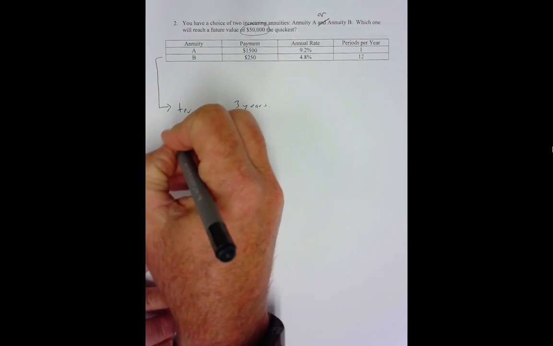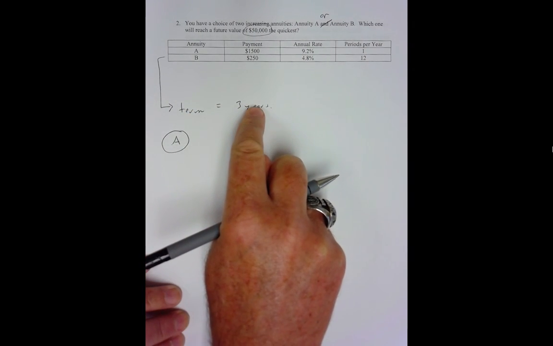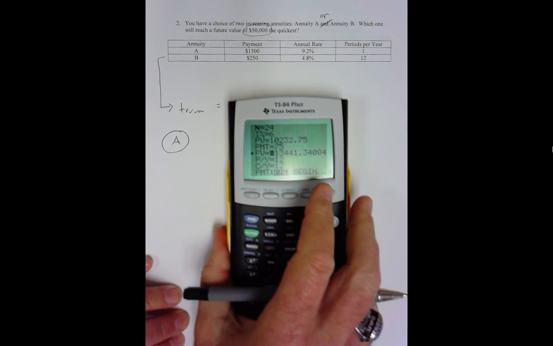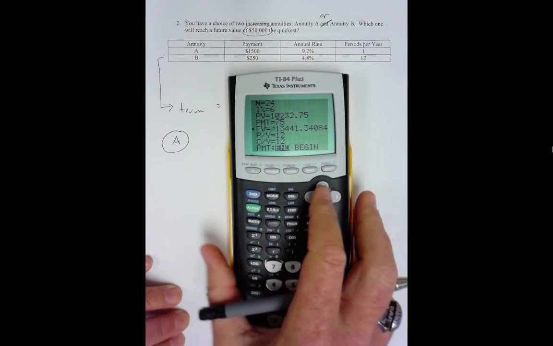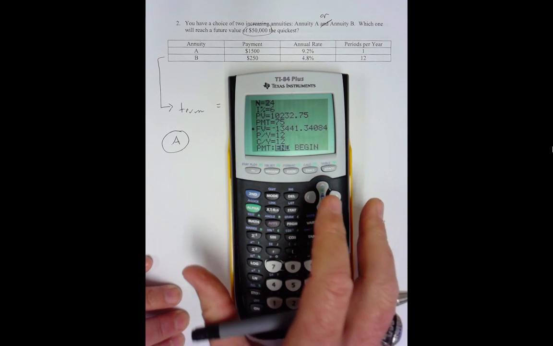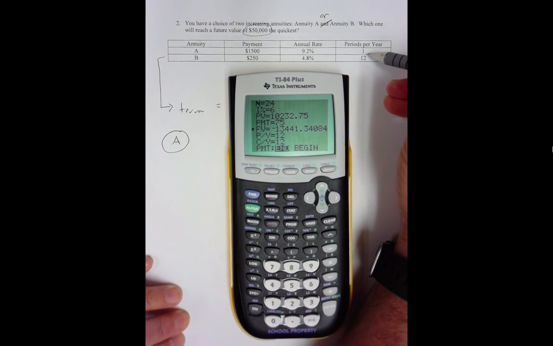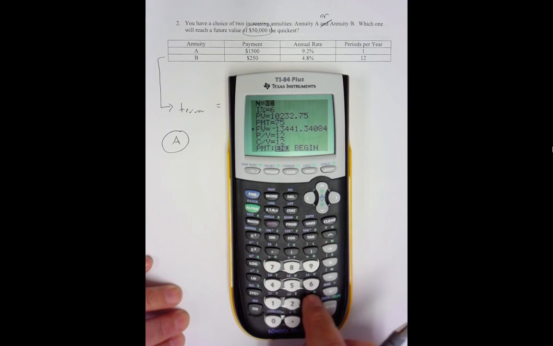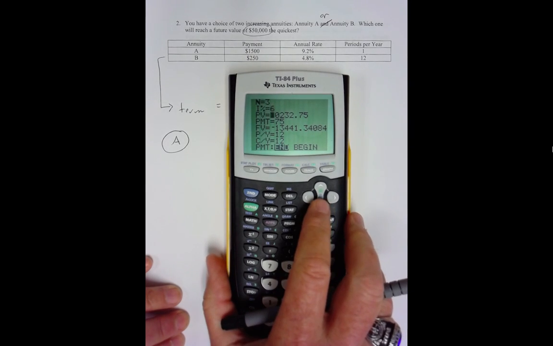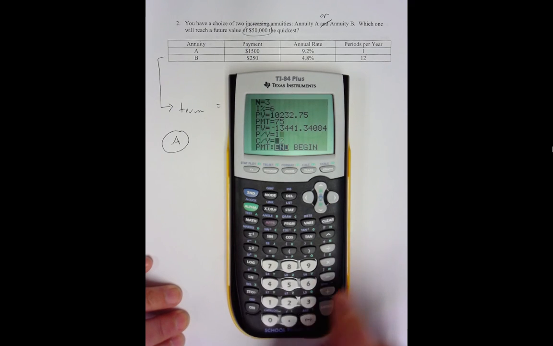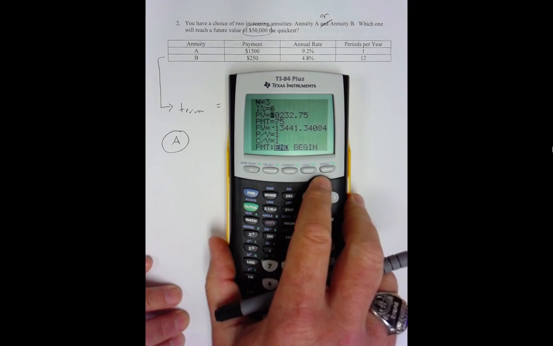Okay? So for annuity A at 3 years, what are we going to do? Well, we see the periods per year are 1, so over 3 years, it's just going to be 3 times 1. I know that's redundant, but I'm teaching. Real quickly, I want to make sure that my periods are 1.